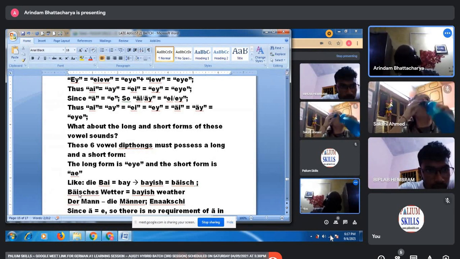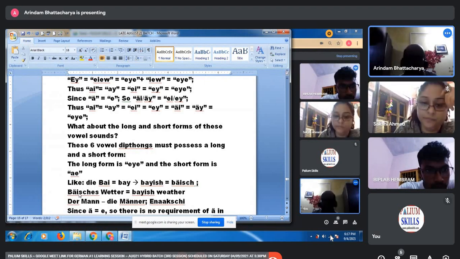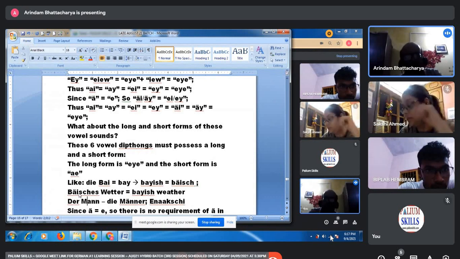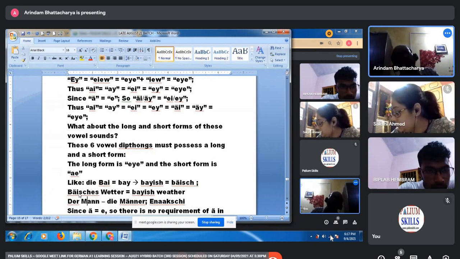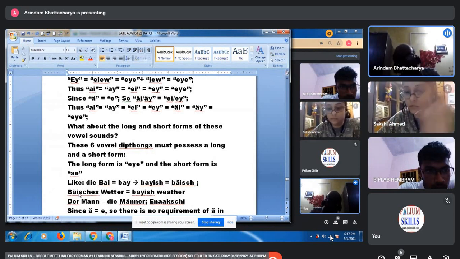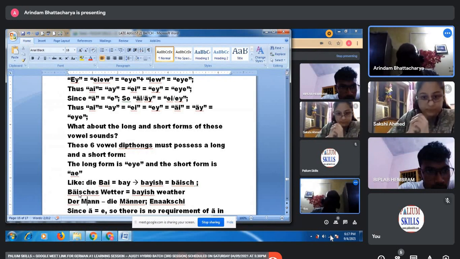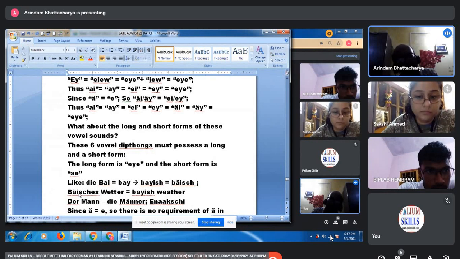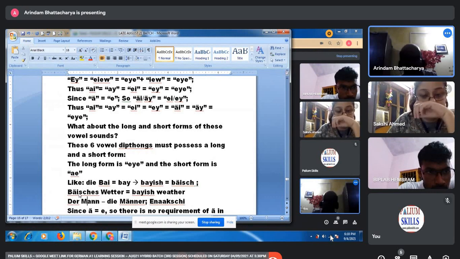Because there is an a, so a will take an umlaut. And because a umlaut and ae, umlaut e and ae, have the same pronunciation, and definitely our ae and ae have the same pronunciation, be umlaut e-s-a-h-a-s is the same as be a-e-s-a-h-a-s.